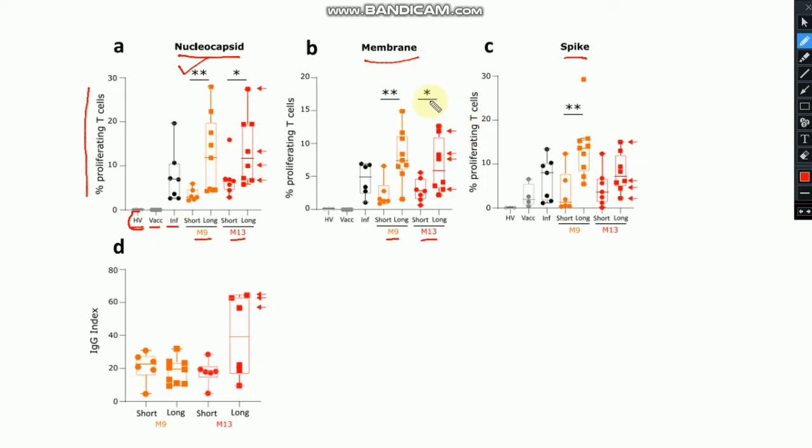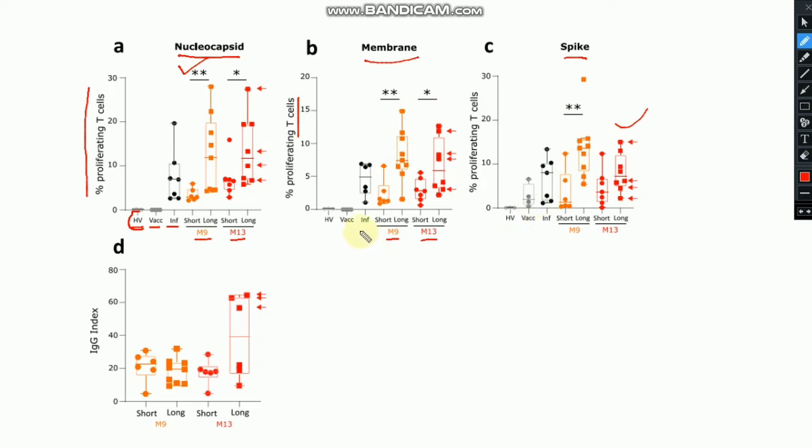And here is a similar result, after 9 months and after 13 months, these individual samples contain much higher proliferating T cells. So what does it mean? It indicates that memory T cells formed, and these memory T cells were detected after 9 months or 13 months.